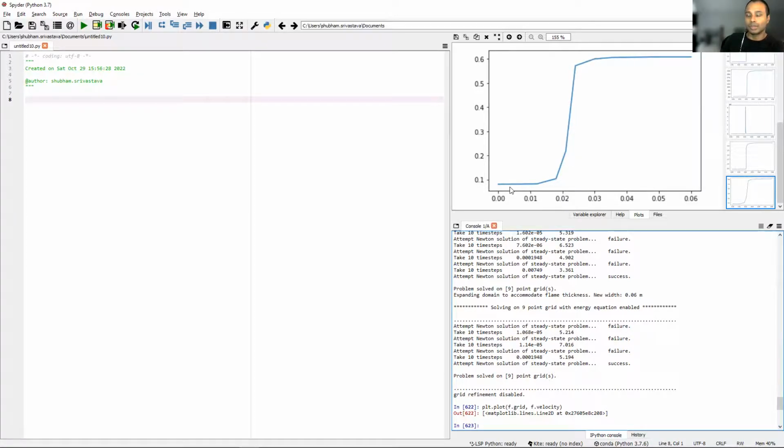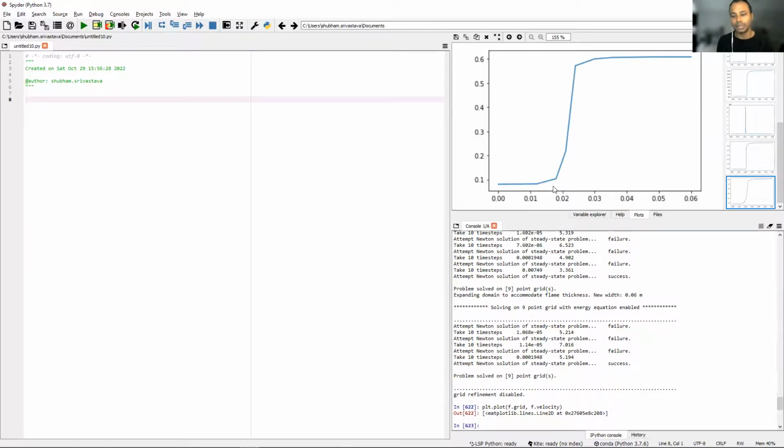So that's what happens when you disable the grid refinement. This was with grid refinement. This is without grid refinement. So, I mean, you get a ballpark. You get a general area where the reaction is happening, but certainly not enough information if you really want to dive into the solution.